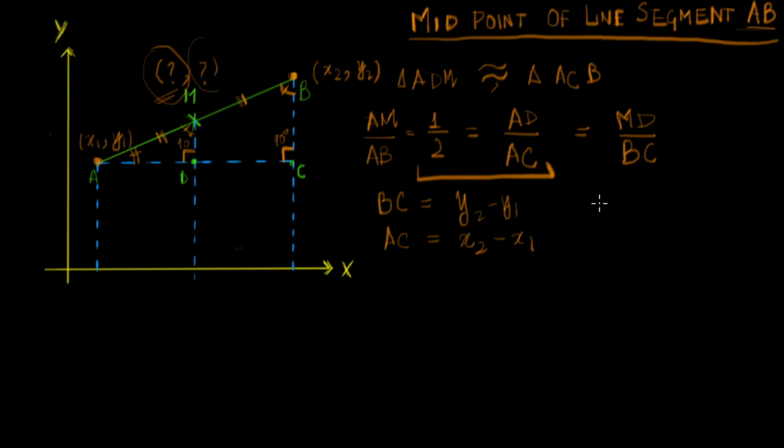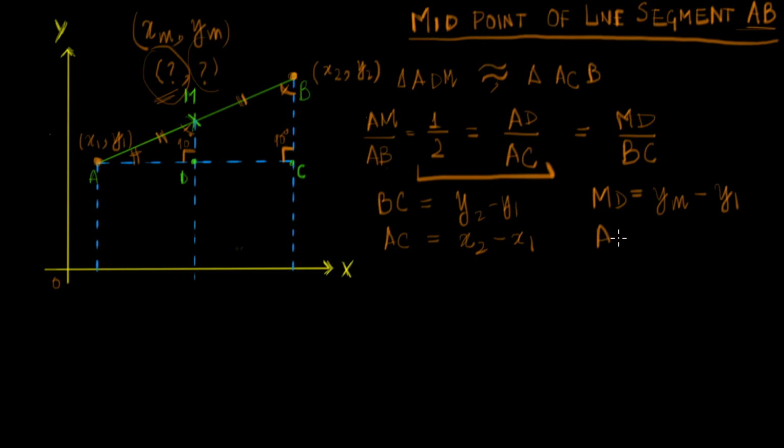Now, say the point M is actually x sub m comma y sub m, right? That is to say that this height is ym and this distance is x sub m, because this is the origin. Therefore, MD would be this distance, and since we know that this complete height is y sub m, and this height, which is the same as height of A, is y1, therefore MD is ym minus y1.